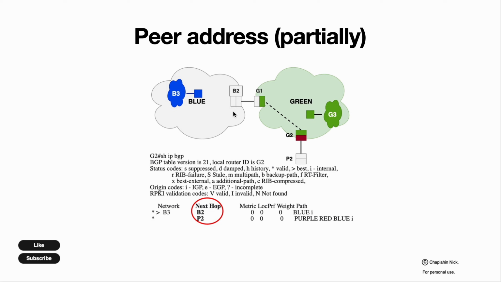But this device can contain multiple networks, and thus it will have multiple next hops, and only one of these next hops will be the peer address. This is why the peer address can be present in next hops, but not necessarily. This is why there is only partial visibility.